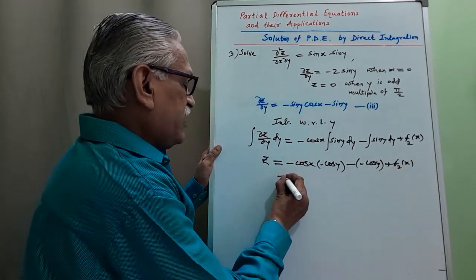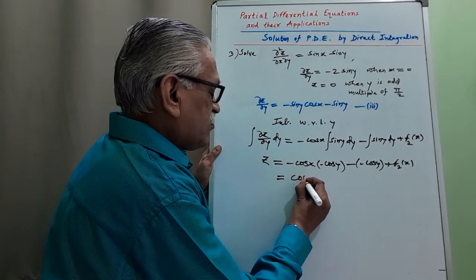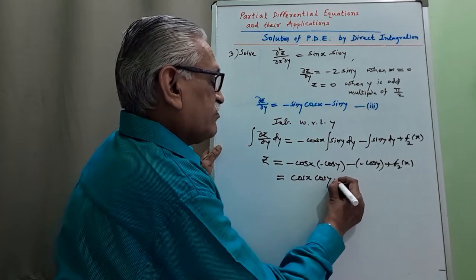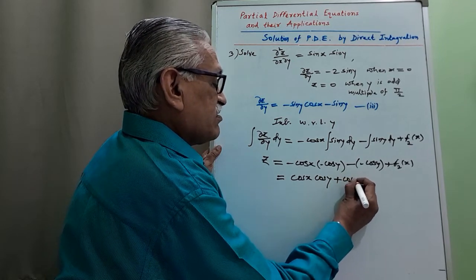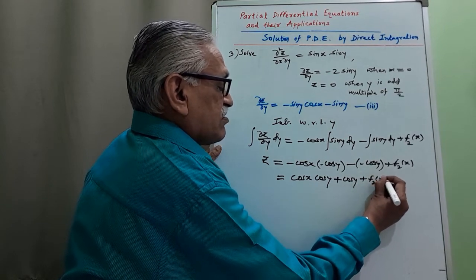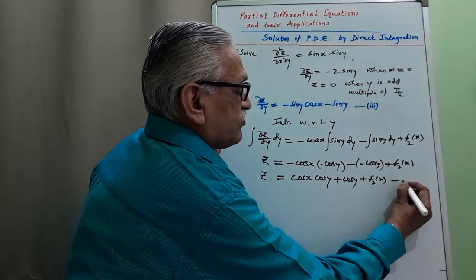And therefore we get the value of z as minus minus becomes plus, cos x into cos y plus cos y and plus f2 of x, as equation number 4.